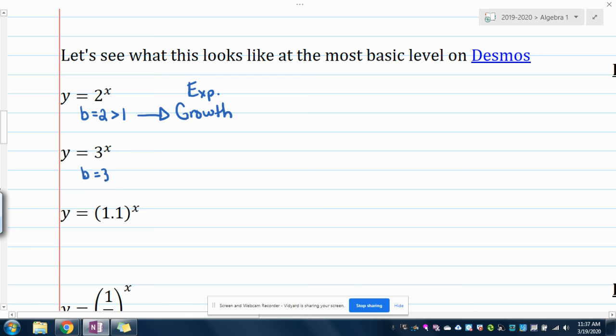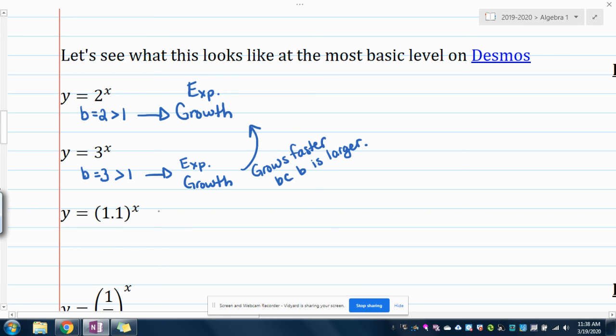B is equal to 3, which is greater than 1. So therefore it is exponential growth. But here's the thing. This one grows faster because b is greater. So I'm going to write because b is larger.